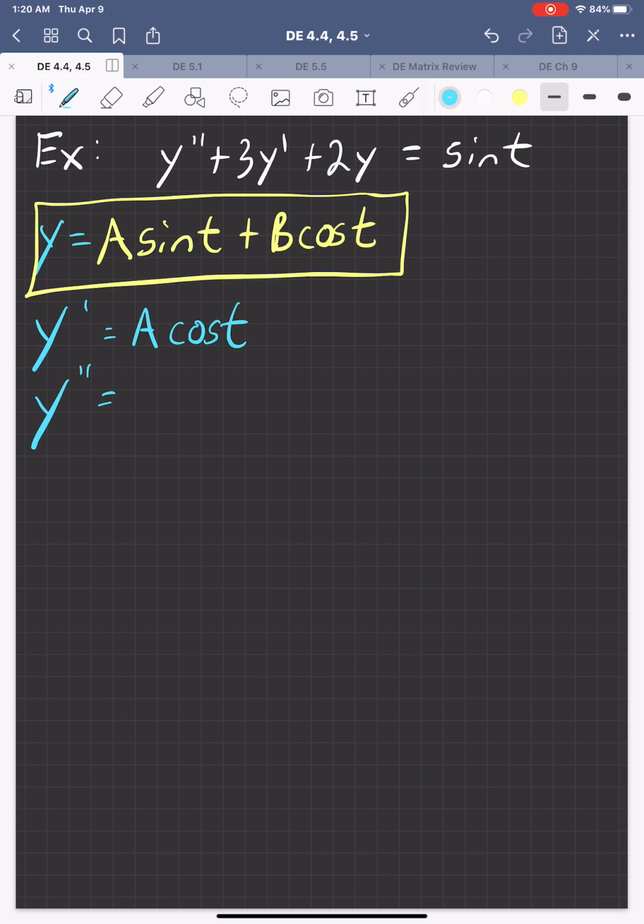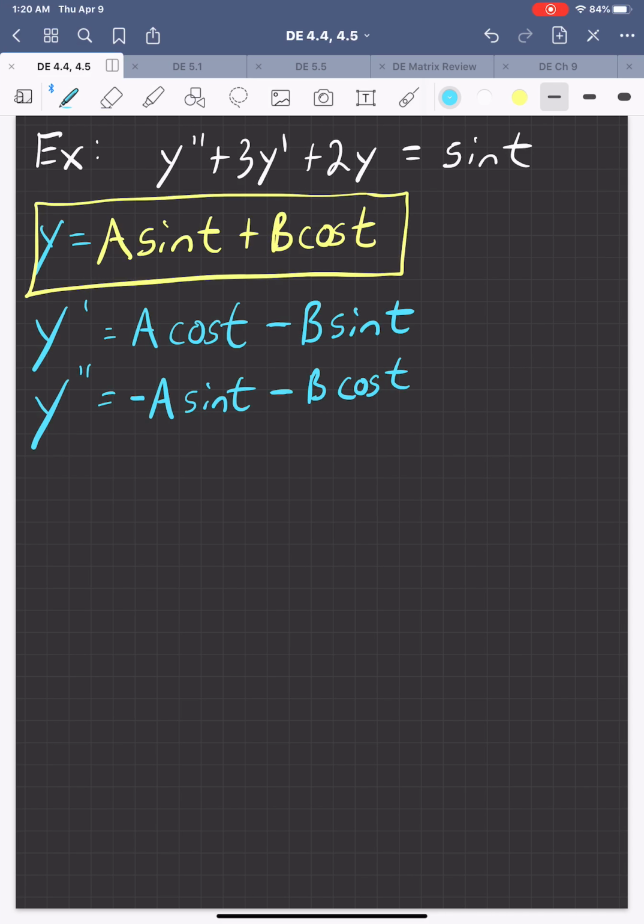The derivative of cosine is negative sine, so that's going to be minus b sine of t. One more round of derivative. The derivative of cosine is negative sine, so that's going to be negative a sine of t. And the derivative of sine is positive cosine, so the negative is still going to be there, so it's negative b cosine of t.